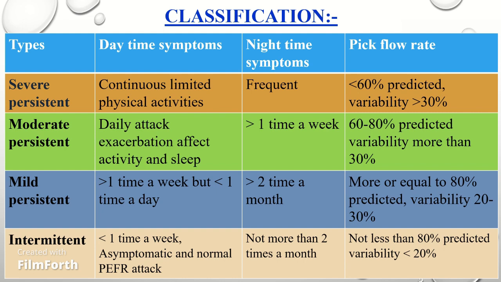In the intermediate, there will be symptoms less than one time a week, and it will be asymptomatic and normal peak expiratory flow rate between attacks in the daytime. At night time, the symptoms will be not more than 2 times a month, as well as its peak flow rate will be not less than 80% predicted, and its variability will be less than 20%.